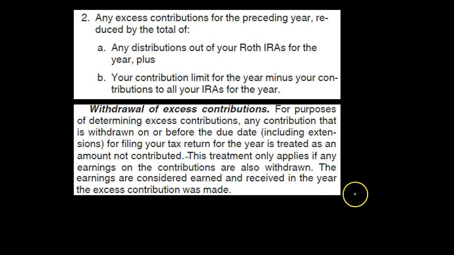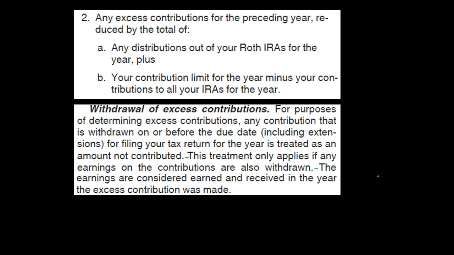Back to the text. This treatment only applies if any earnings on the contributions are also withdrawn. So say we put in 500 more than we should have. We've got to take out the 500 and the earnings on the 500. Okay, so the earnings are considered earned and received in the year the excess contribution was made. So we made the contribution, let's say in the middle of the year, we put in 500 too much.